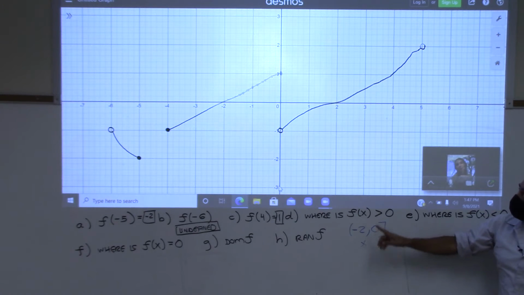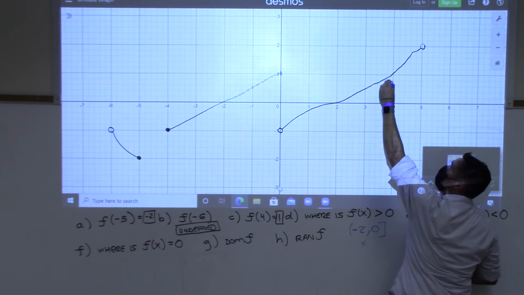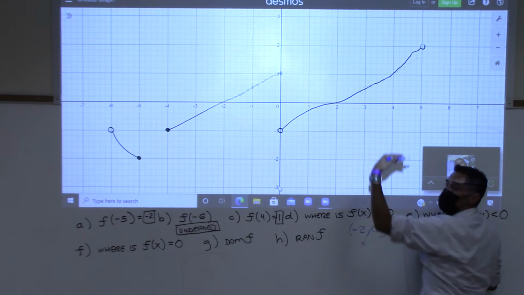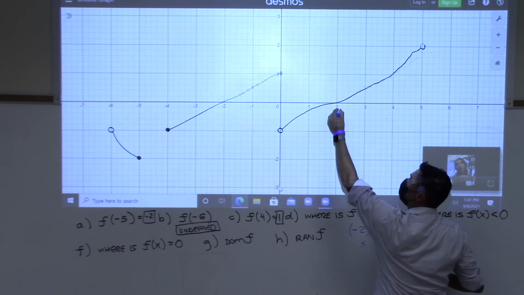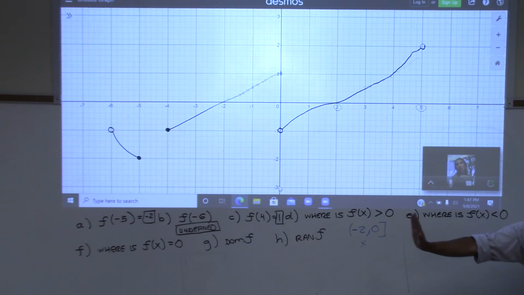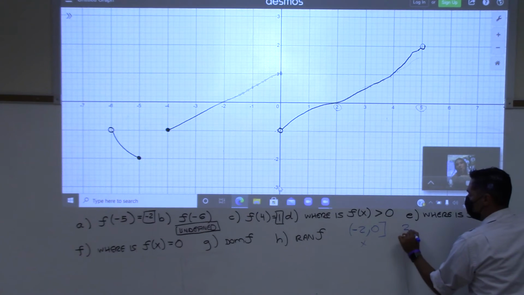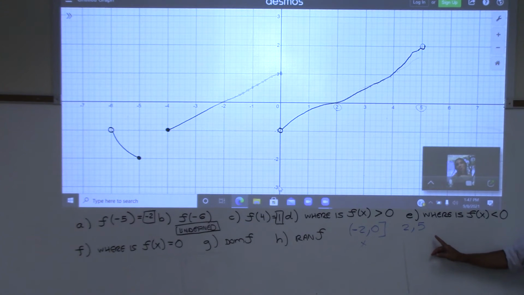So we're not done. We have to continue. That would be all these points here. Everything here is above the x-axis. So it starts out at 2, and it goes until you get to 5. Everything between 2 and 5. So I go 2, 5. Now, do I include the endpoints or not?